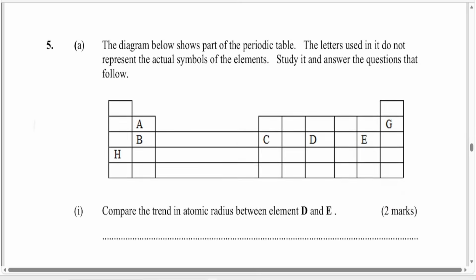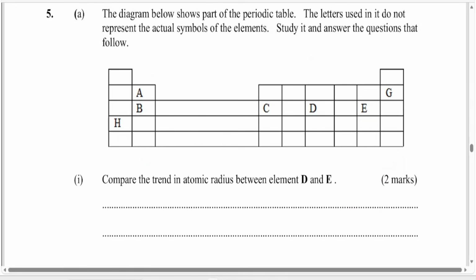Moving to the next question, question number 5. The diagram below shows part of the periodic table. The letters used do not represent the actual symbols of the elements. Study it and answer the questions that follow.